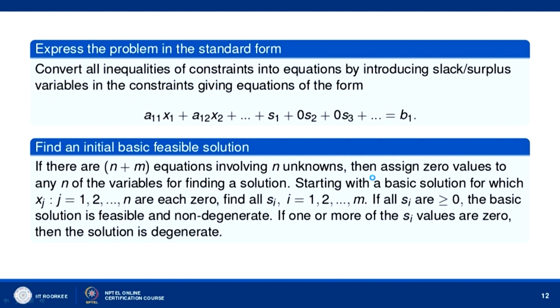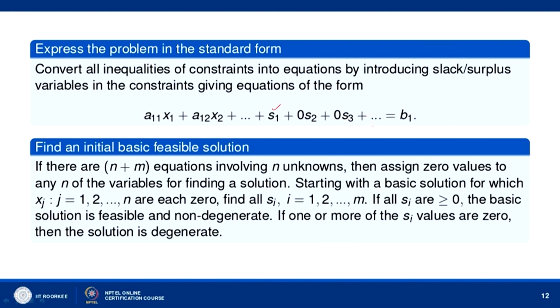Convert all inequalities of constants into equations by introducing slack or surplus variables in the constants, giving equations of this form. Suppose let us take the first equation. In the first equation we are using slack variable S1. Then the equation will become a11 x1 plus a12 x2 and so on, a1n xn, then S1 into 1, 0 into S2, 0 into S3 and so on, 0 into Sm.